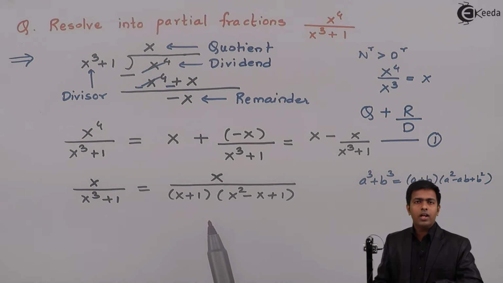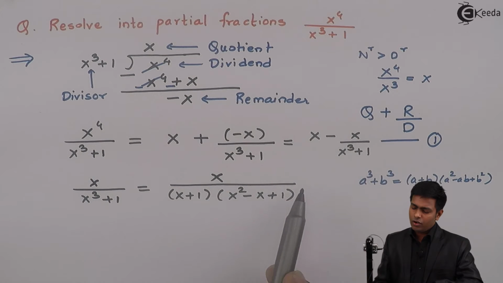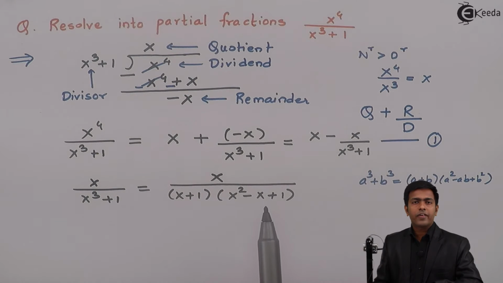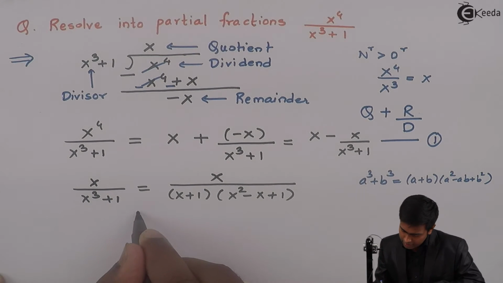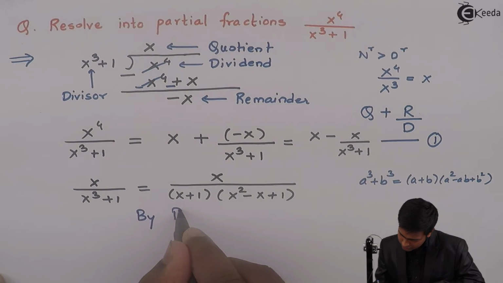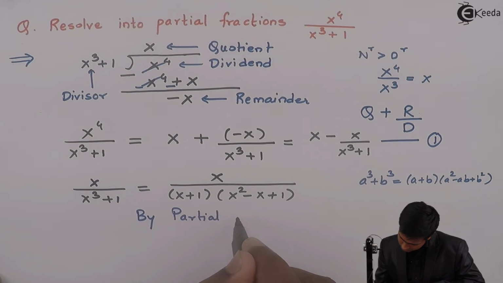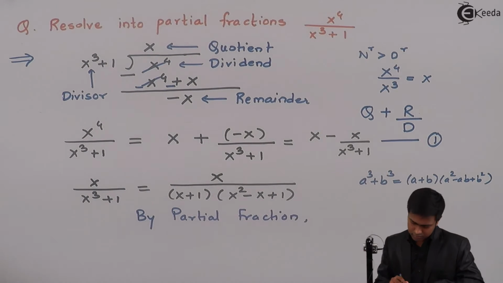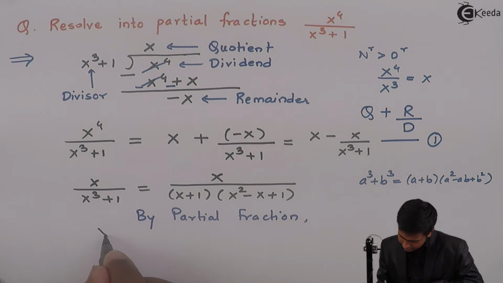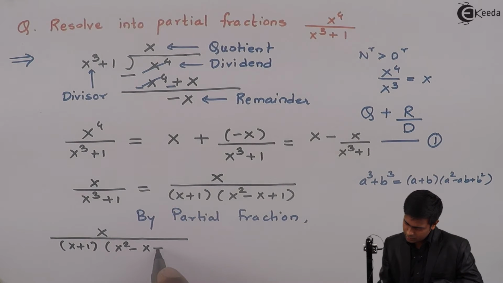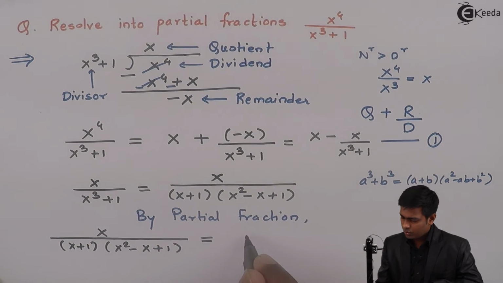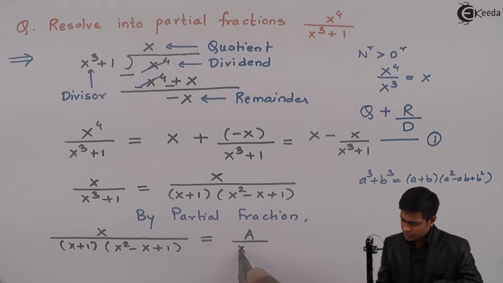And now we will find out the partial fraction for this proper fraction. So by partial fraction, x upon x plus 1 x square minus x plus 1 is equal to a upon x plus 1.